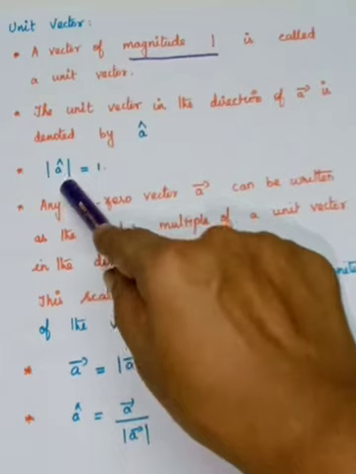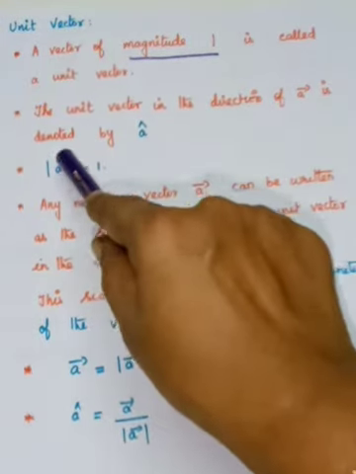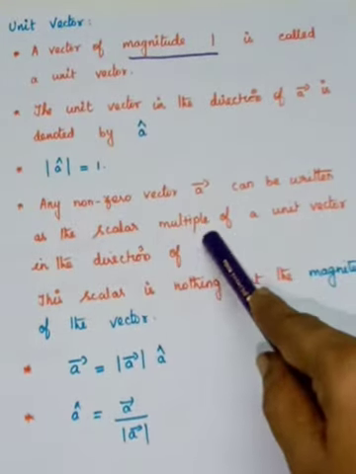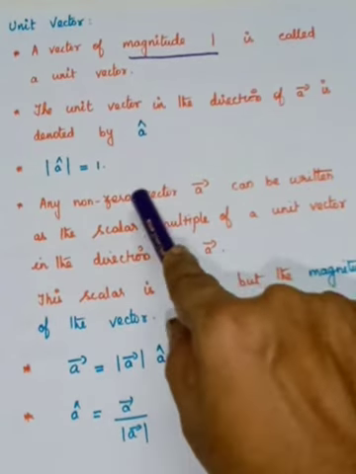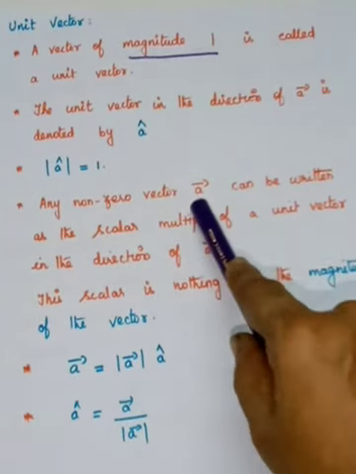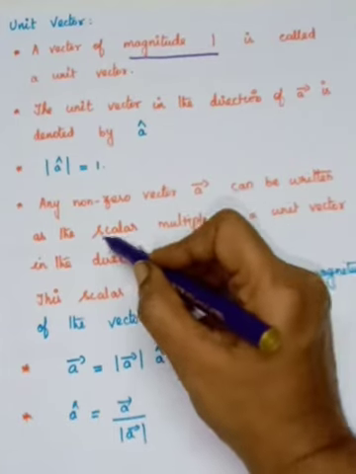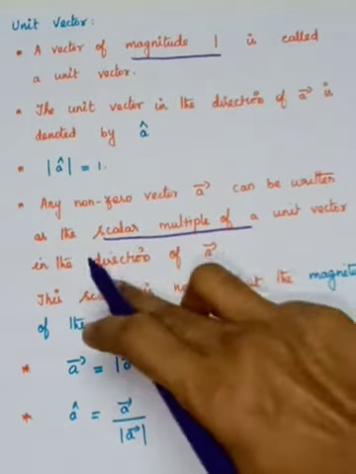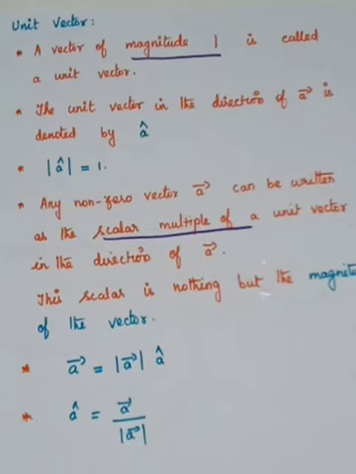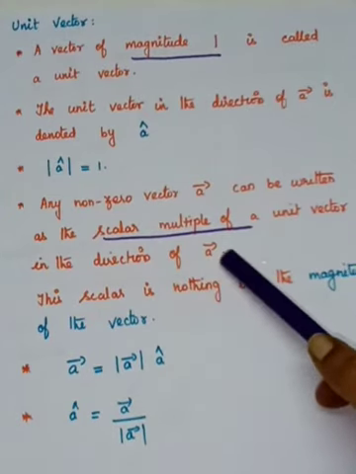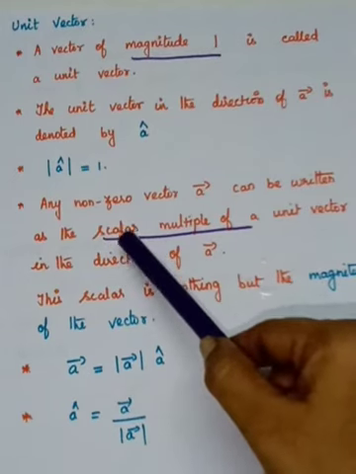So the unit vector's magnitude is 1. So the modulus of A cap is equal to 1. Now this is an important result. Any non-zero vector A can be written as the scalar multiple of a unit vector in the direction of vector A. Scalar multiple means we multiply a constant to the unit vector in the direction of vector A. So what is this scalar?